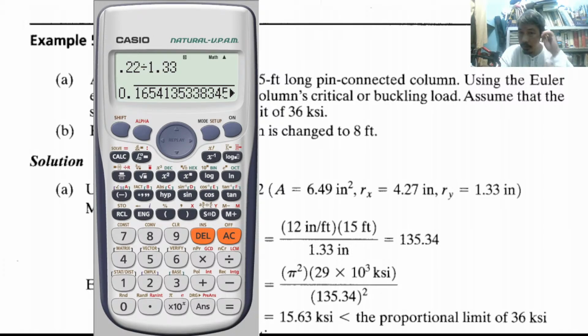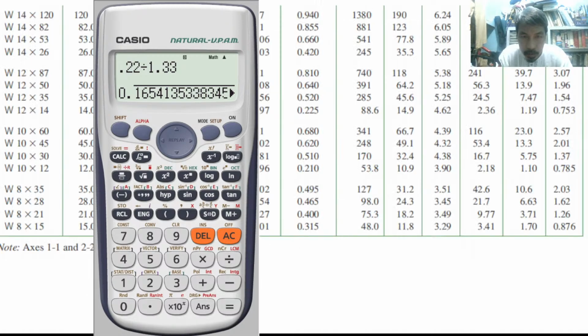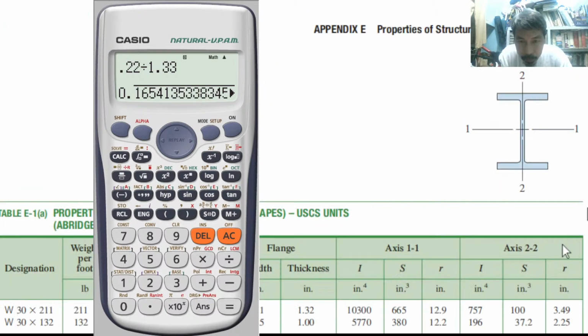So I will show you again. Is there an inertia here? Let's take a look. Okay, so we have an inertia here.